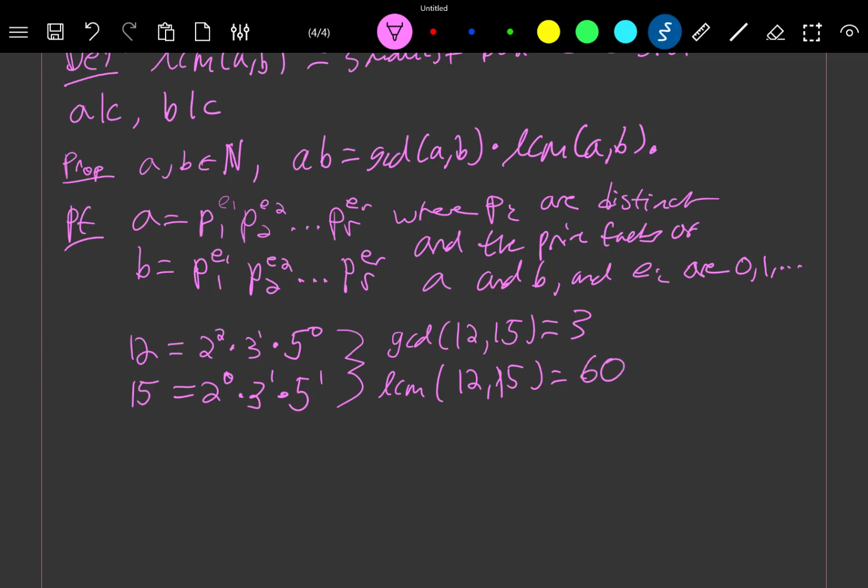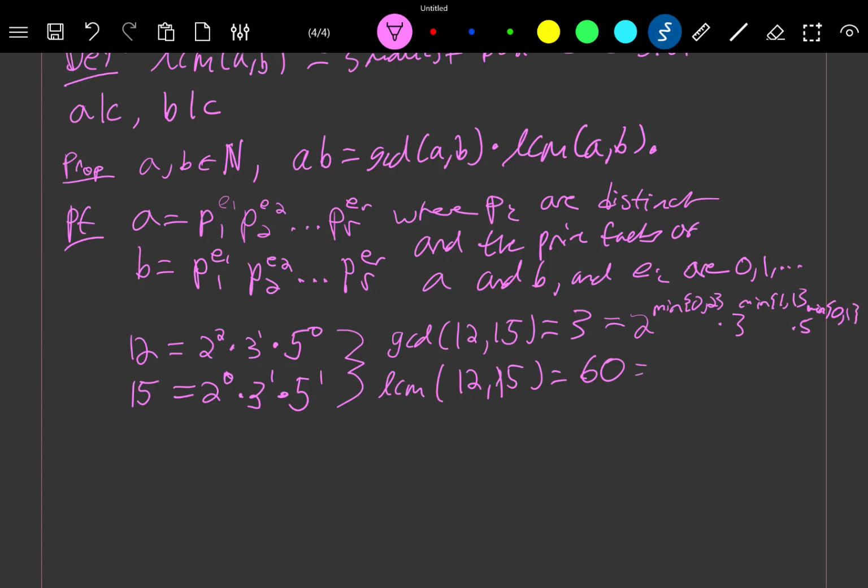And one way you can do this is, 3 is 2 raised to the minimum of 0 and 2, times 3 to the minimum of 1 and 1, times 5 to the minimum of 0 and 1.